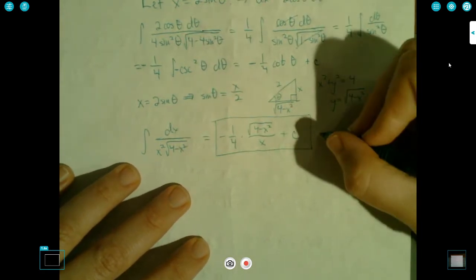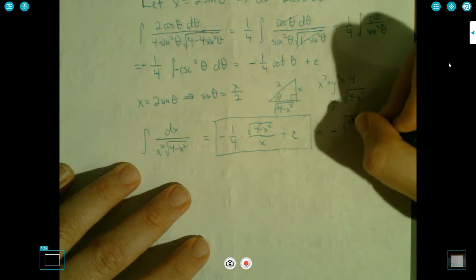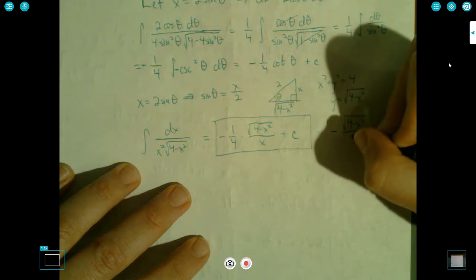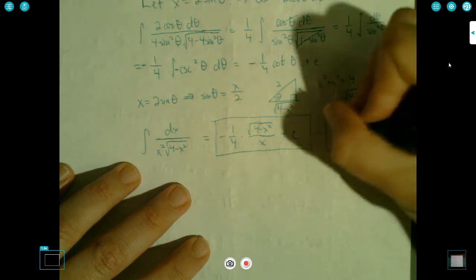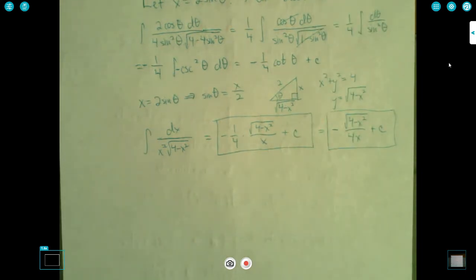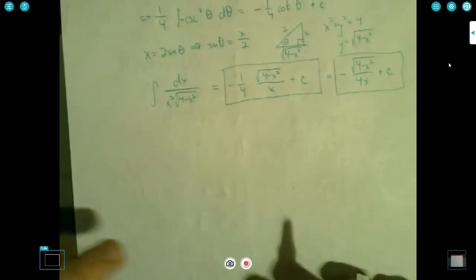I guess we could make that a little cleaner. We could call it negative square root of 4 minus x squared over 4x plus c. That's maybe a little nicer. But that's that. Okay, so that's the idea behind trig substitutions. That's how trig substitutions work. Let's look at another one.